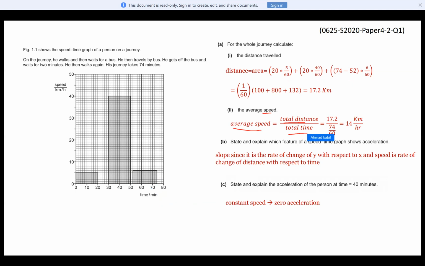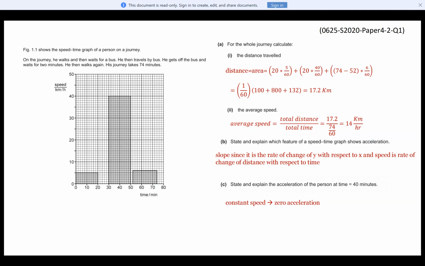We already have the total distance, which is 17.2 kilometers. And the total time, as we said, is 74. This is the final point on the graph. We have to divide it by 60 to account for hours. So therefore, 17.2 divided by 74 divided by 60 would give you 14 kilometers per hour.